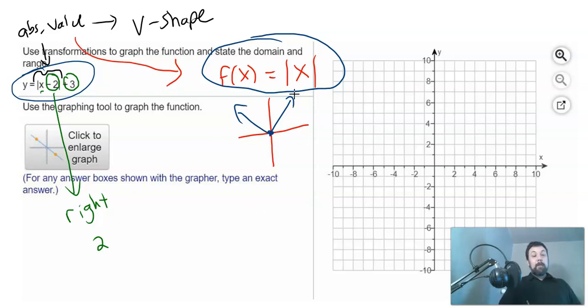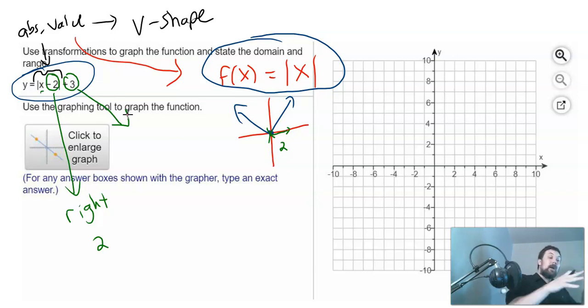So I want to take my basic graph and shift every point on this graph to the right 2. But what I do is I call this my tracking point. I'm just going to track where this point goes first. And then I'll worry about the rest of the points later. Every point on the graph is getting shifted to the right 2, but I'm going to track this one first. And then the +3, that's tacked on to the end of the function.